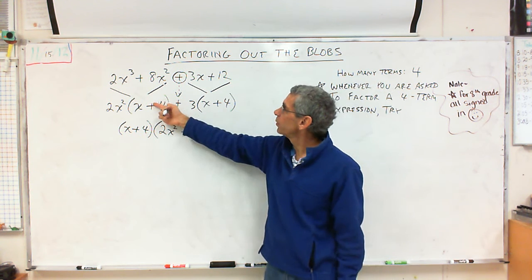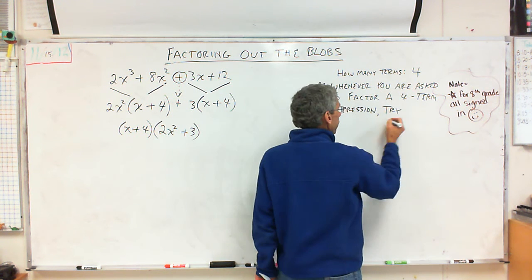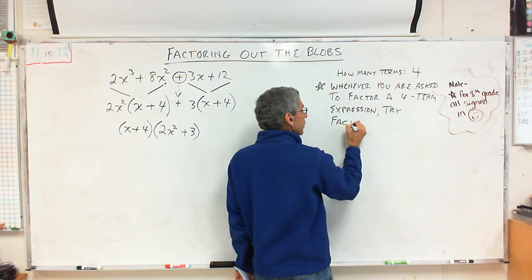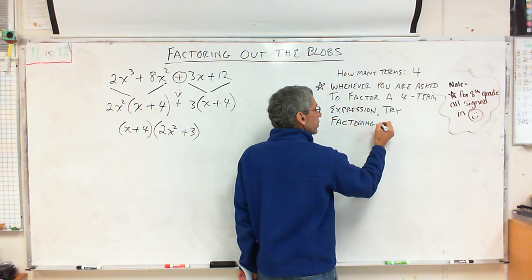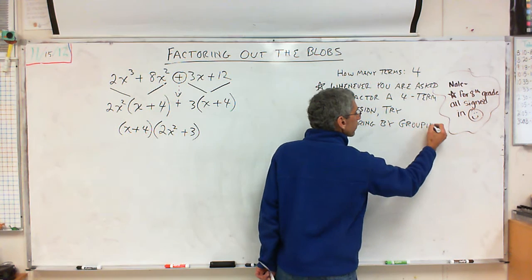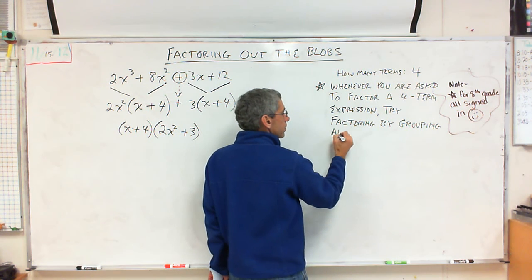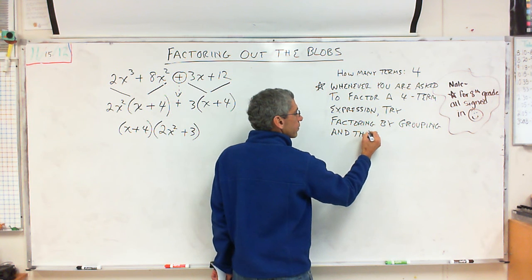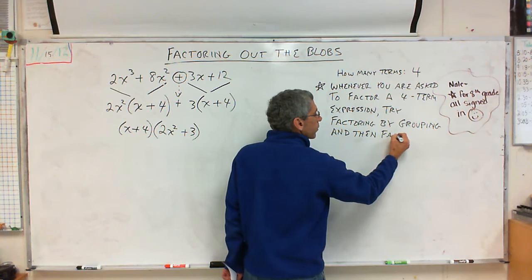This right here is called grouping. Factoring by grouping, try factoring. I should have written that down, but anyway. Factoring by grouping and then factor out the blob.